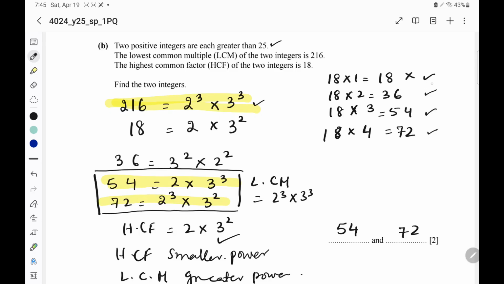We can't take 18 because it's not greater than 25. Then we tried 36. Its HCF was coming the same, but LCM was wrong. So we tried 54 and 72 together, and then we got the LCM as 2 cube into 3 cube, which is 216, and HCF came 2 into 3 square, which is 18. I hope you have understood it.